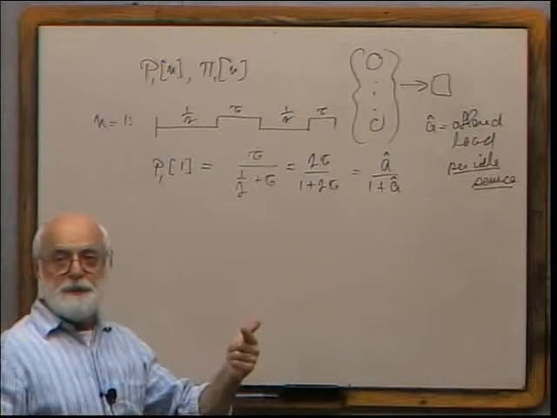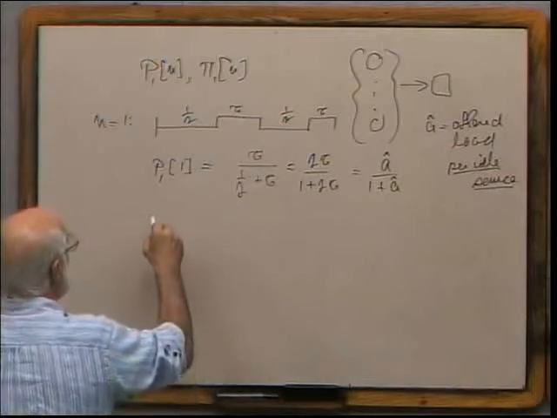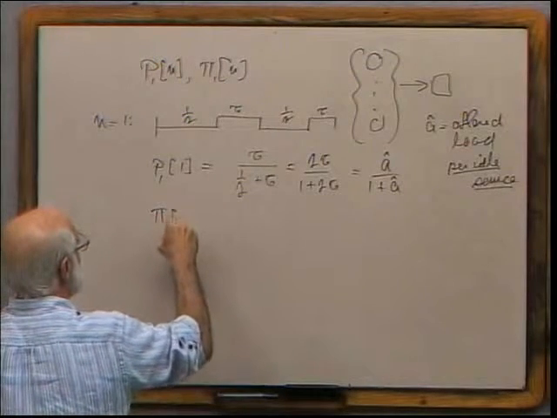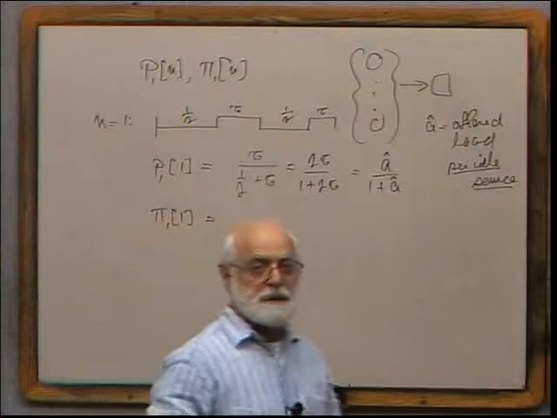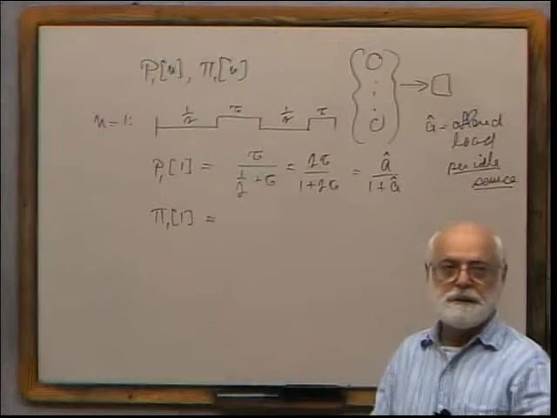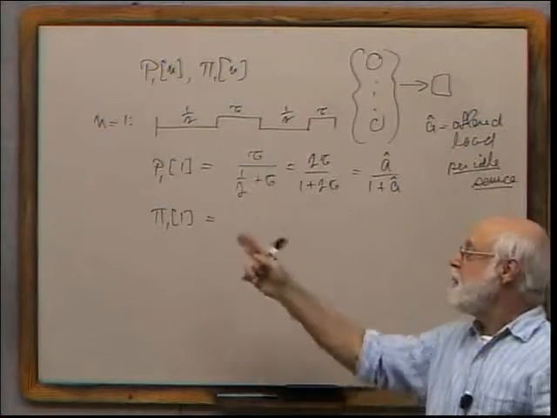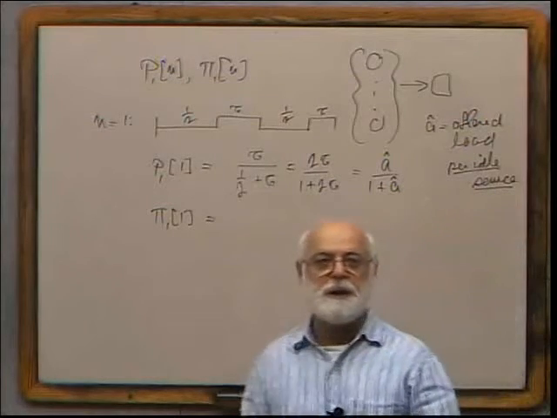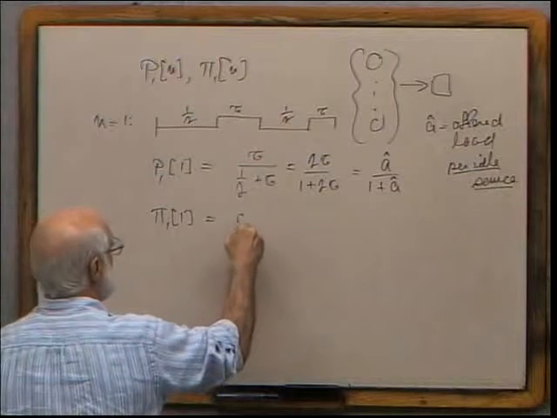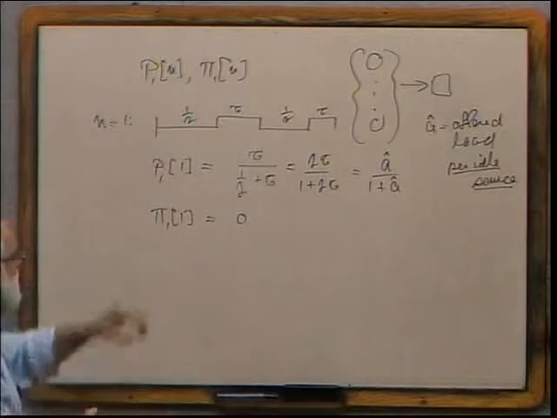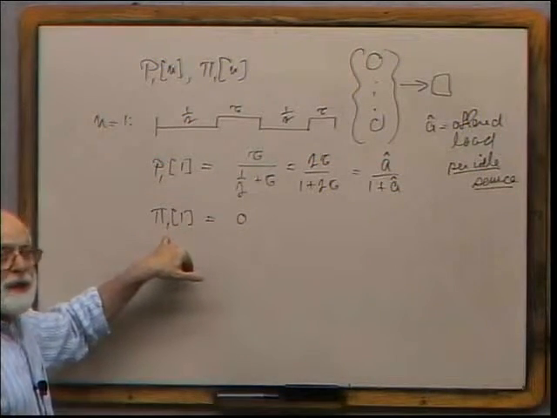What's pi? Anybody know? What's that? In this scenario, what's the numerical value for pi? 0. Because this is the conditional probability that the server is busy just before a source makes a request for service.